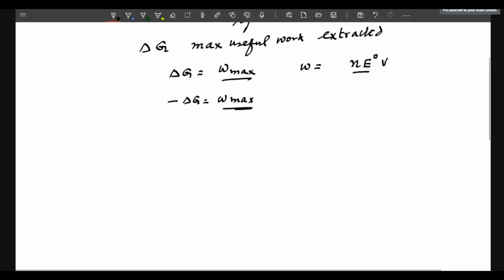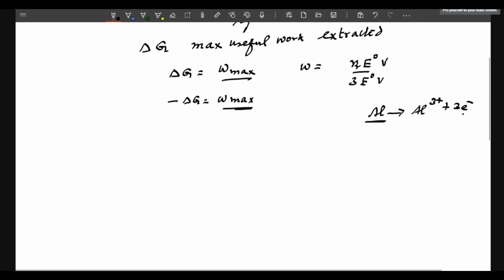Therefore, if you multiply N into E naught, it is the work done for one species. For aluminium, releasing aluminum 3 plus and 3 electrons, what is the work done by the system? 3 into, for the 1 electron release, this is 3E0 volt. This is for one atom species.